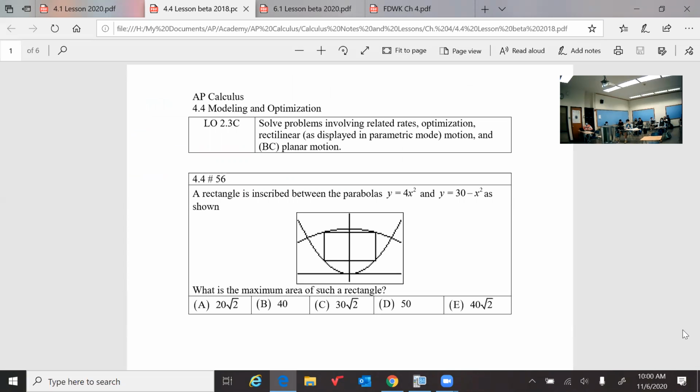They want the area of the rectangle. You're going to put root 2 into the area, and you would get E, which is 40 root 2. Right?